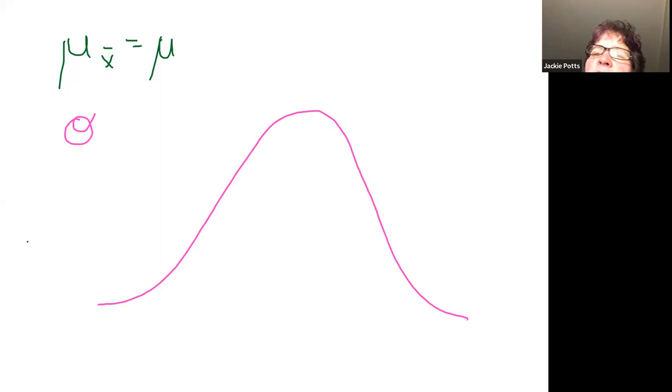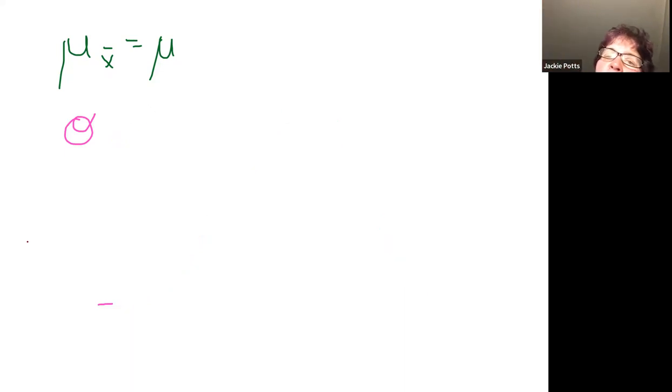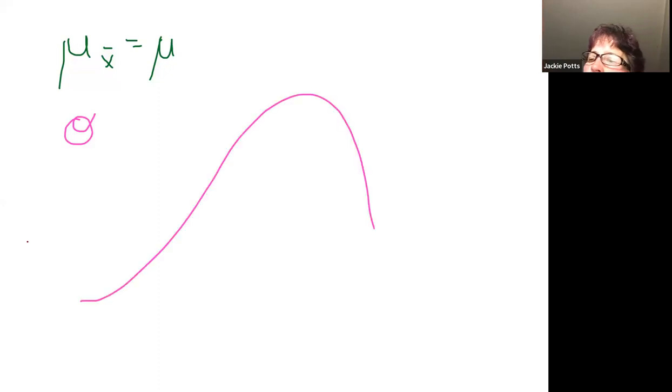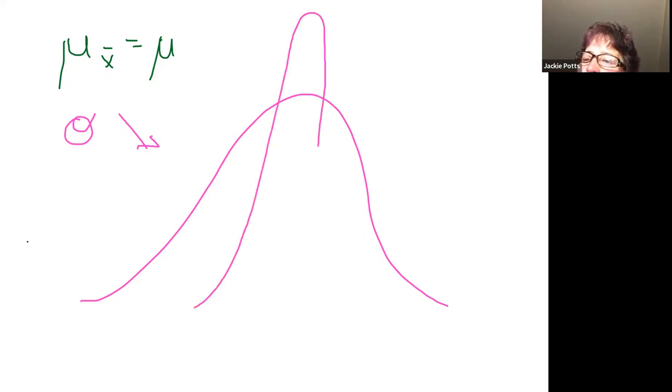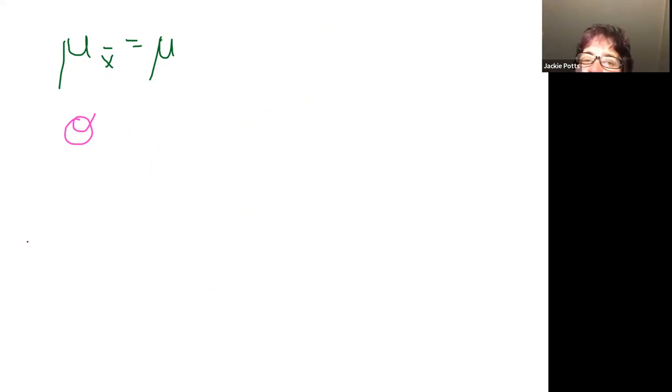The standard deviation needs to, is it increase? No. It needs to what? Decrease. The smaller the standard deviation, the tighter the curve. So I want to get a narrow one. Well, this is what we are going to talk about, is how do I get a smaller standard deviation?